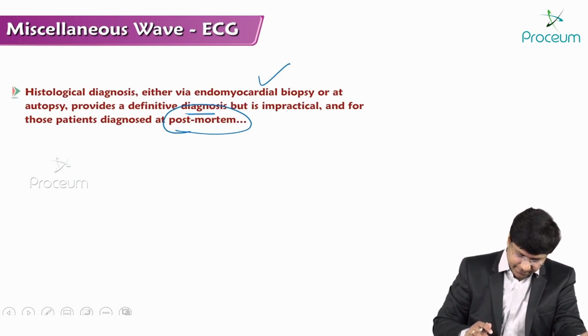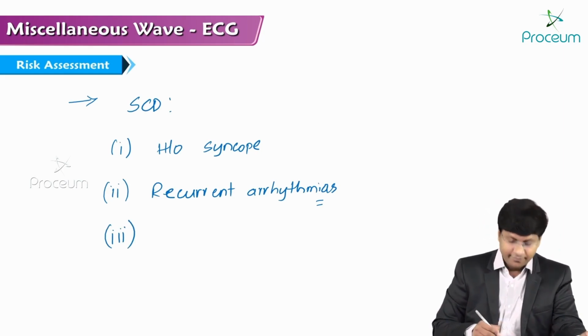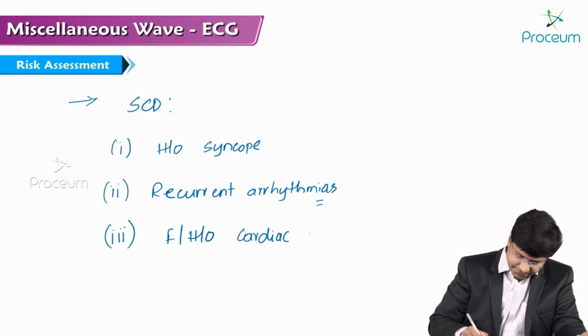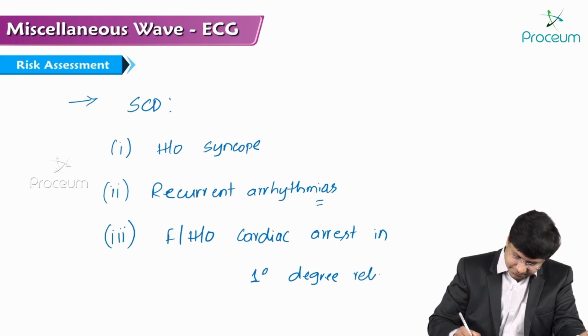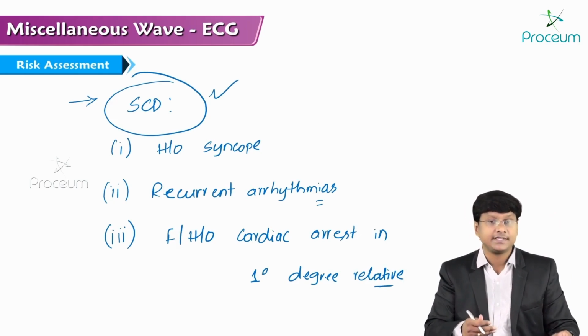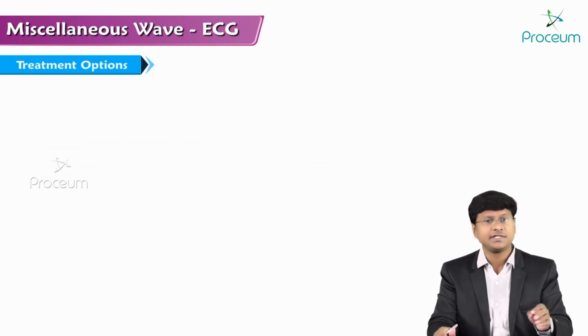Next, the third important risk factor for sudden cardiac death is family history of cardiac arrest in a first degree relative. So these are the risk factors for the development of sudden cardiac death in patients with arrhythmogenic right ventricular dysplasia. Now, what are the treatment options?